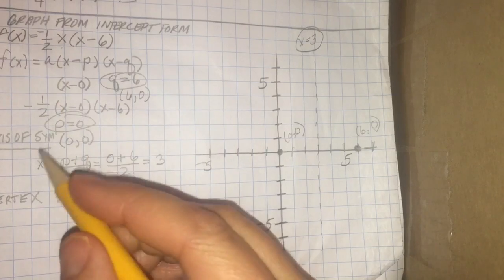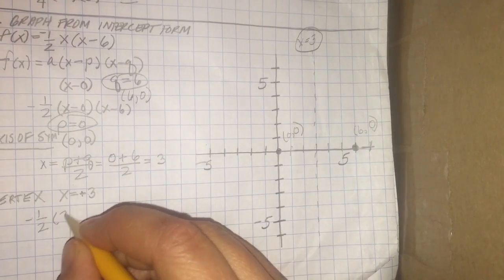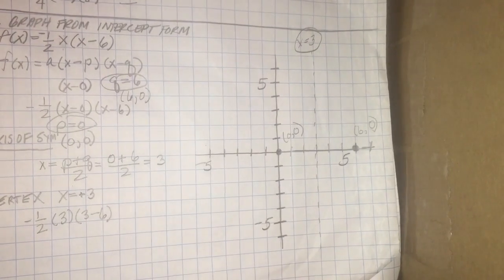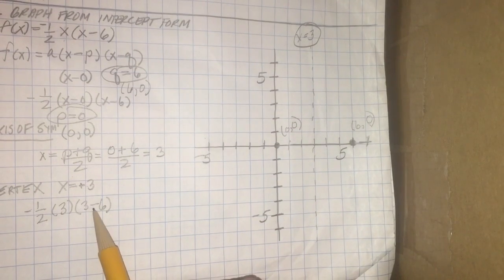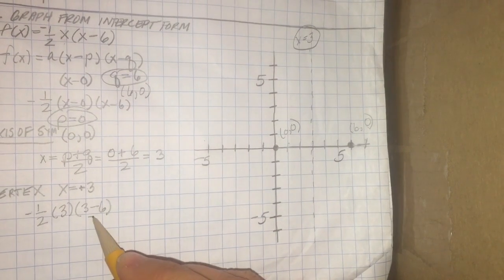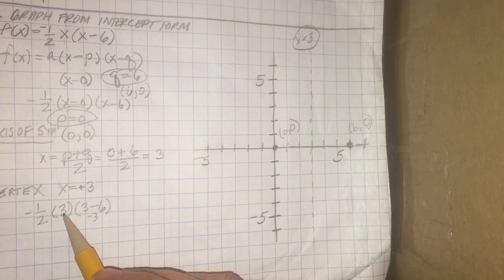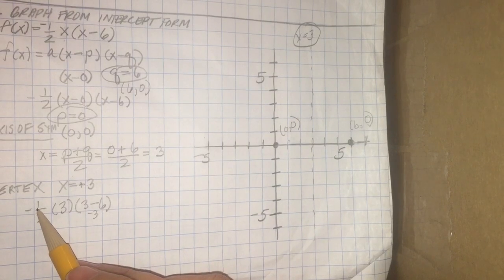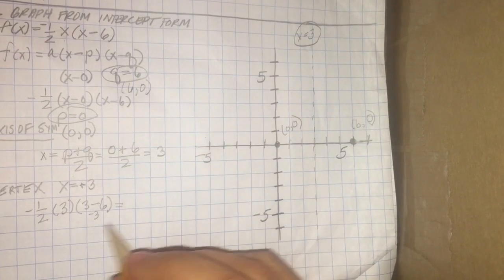original equation. So I have negative 1/2. I'm going to plug in 3 for x, 3 minus 6. And that will give me negative 1/2 times 3 minus 6, which is negative 3. So I have negative 3 times positive 3, which is negative 9. And negative 9 times negative 1/2, a negative times a negative equals a positive.